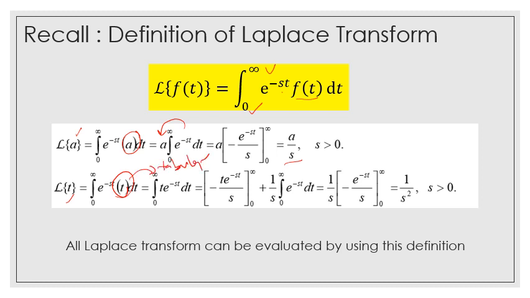Then we can substitute the values of the upper limit and lower limit. After we substitute the limits, we get the final answer, which is equal to 1 over s squared. If you try with another coefficient, we can find the Laplace transform by using this definition.